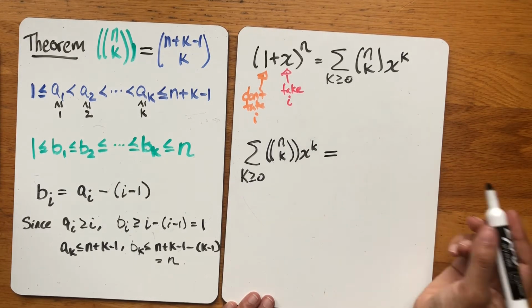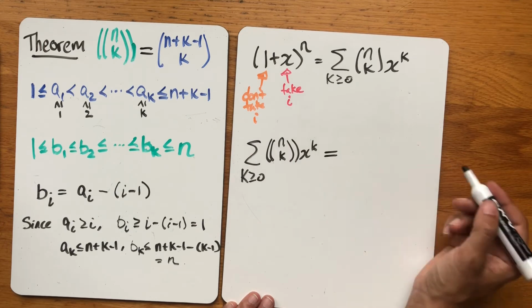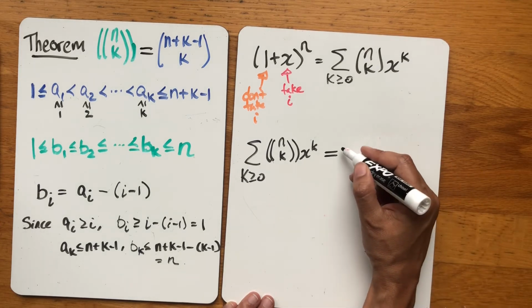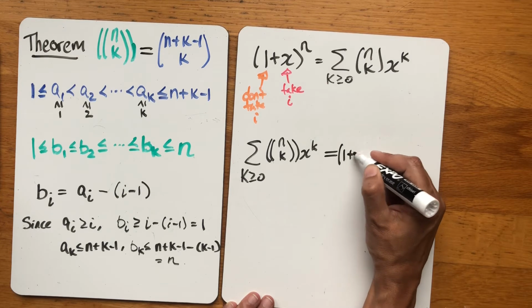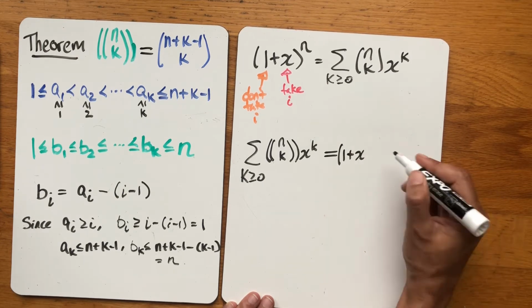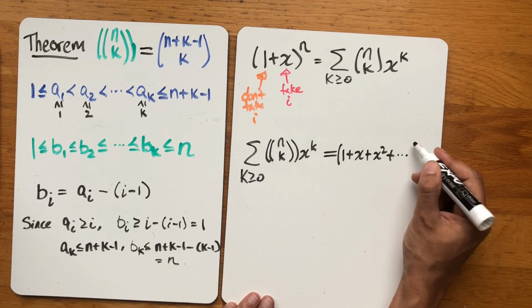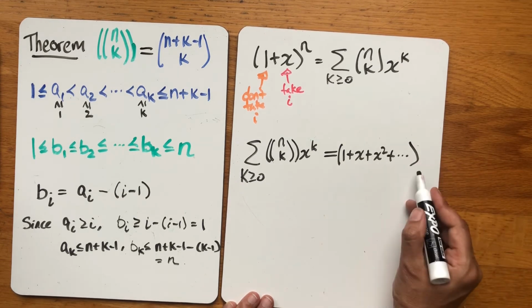It's still going to be something to the n, but it's going to be something a lot more difficult. Whatever my first choice is, I can not take it, or I can take it once, or twice, or 3 times, or 4 times, as many times as I want, arbitrarily many.